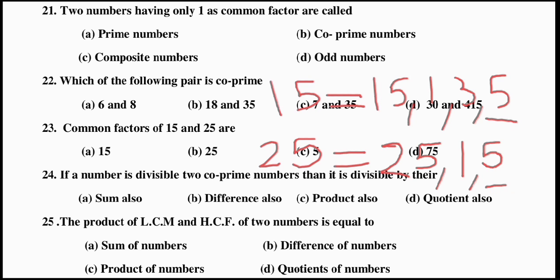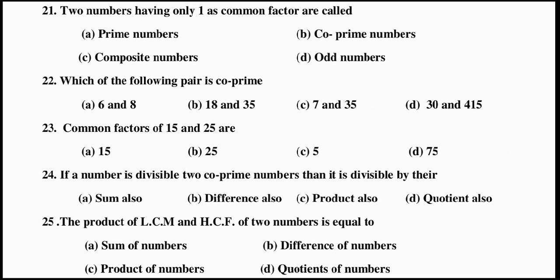Which are the common factors? So we have 5 as a common factor here. The option 1 is not given. See, 1 is also a common factor, but it is not given in the options. So 5 is a common factor of 15 and 25. So answer is C, 5.